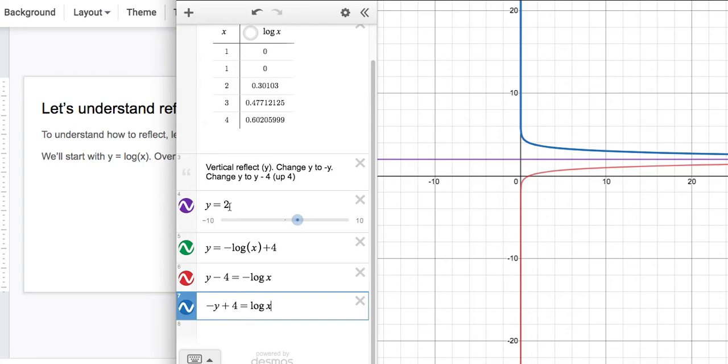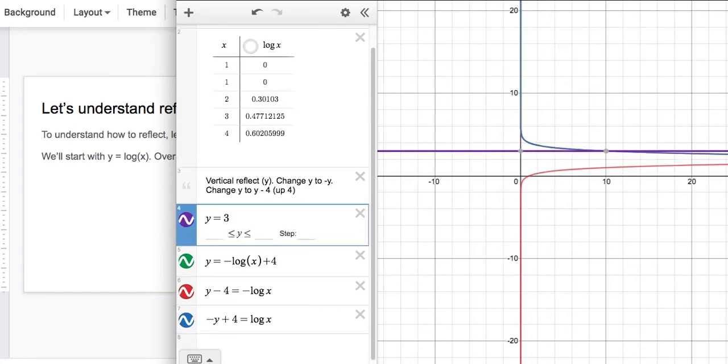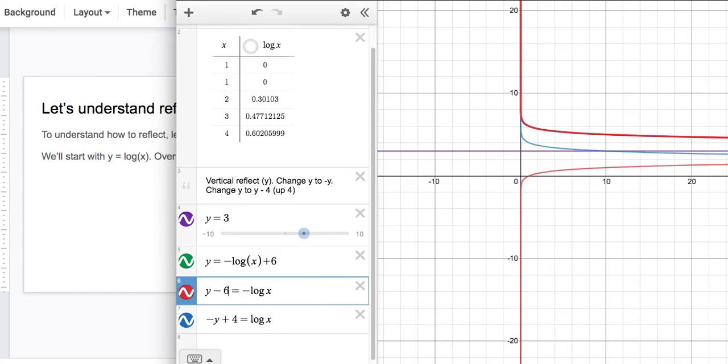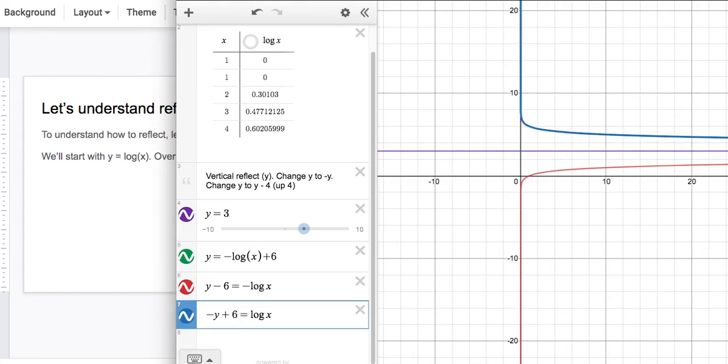I wonder. If it were at 3, that wasn't enough. 5? No. 6. Ah, that green is a reflection over purple. So now if I backtrack, -y plus 6.